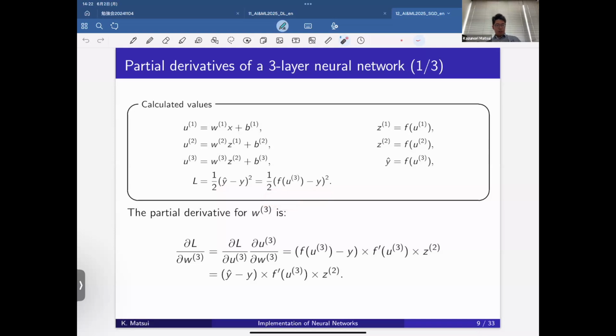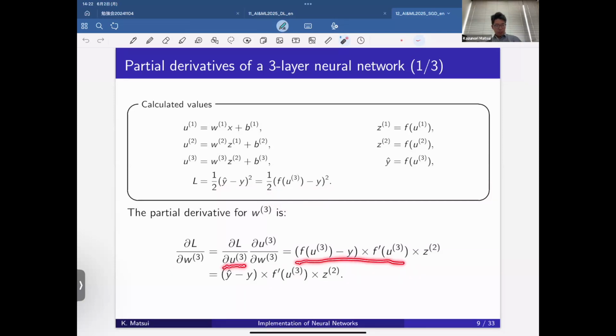The partial derivative of L with respect to u3, just like before, similar to the single layer neural network, becomes y hat minus y, since the derivative of something squared comes out, and the partial derivative of f(u3) with respect to u3 becomes f prime u3.